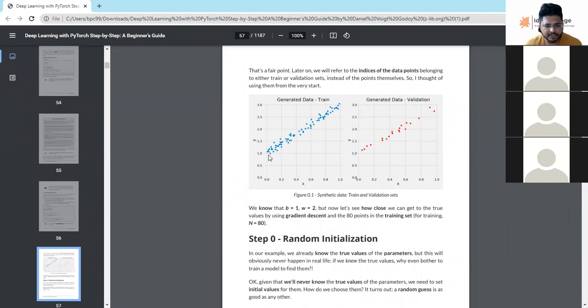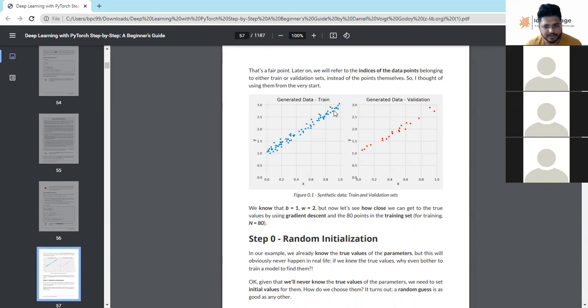Okay, and now who can say why this is not a straight line? I used the y is equal to bx plus c, mx plus c equation, but why is this not a straight line? Because of the randomness we created. No, it is because of epsilon.